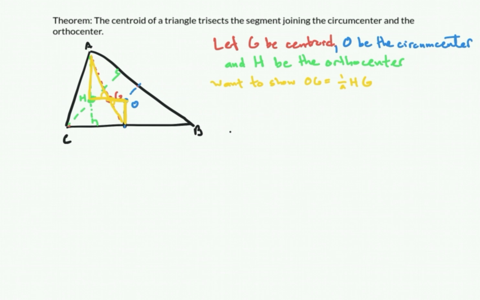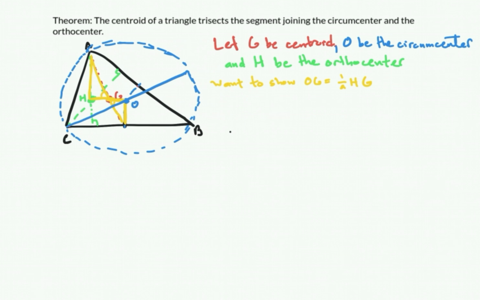So, in order to prove this, I'm going to take the circumcenter O, and remember that I can draw the circumcircle using that. It's not a very good circumcircle, but it will have to do. Okay. So I'm going to go from C out through O to a point out here, I, on the circle.